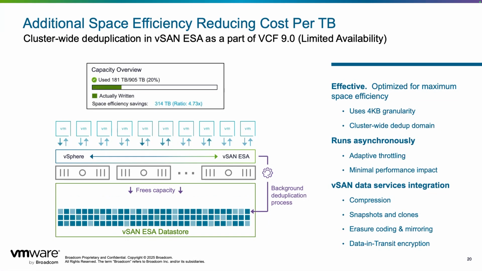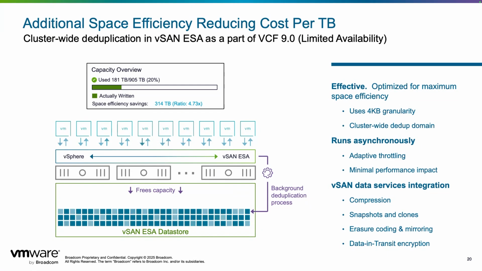The intelligent design of ESA's deduplication technology will adaptively throttle the use of spare resources so that there is no compromise to guest VM performance. Furthermore, deduplication's integration throughout the storage stack means that the common vSAN data services such as compression, snapshots and clones, erasure coding, checksumming, and so on are fully compatible with deduplication.